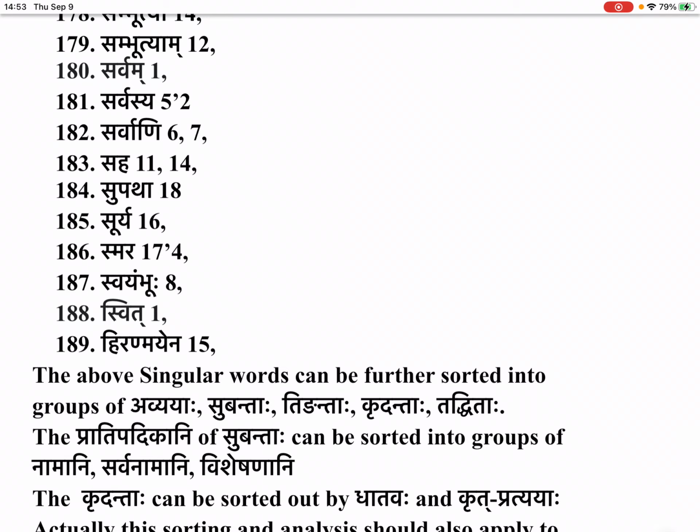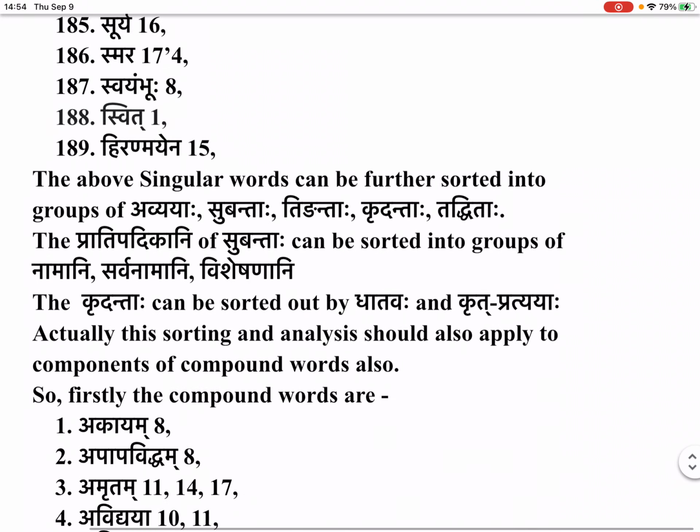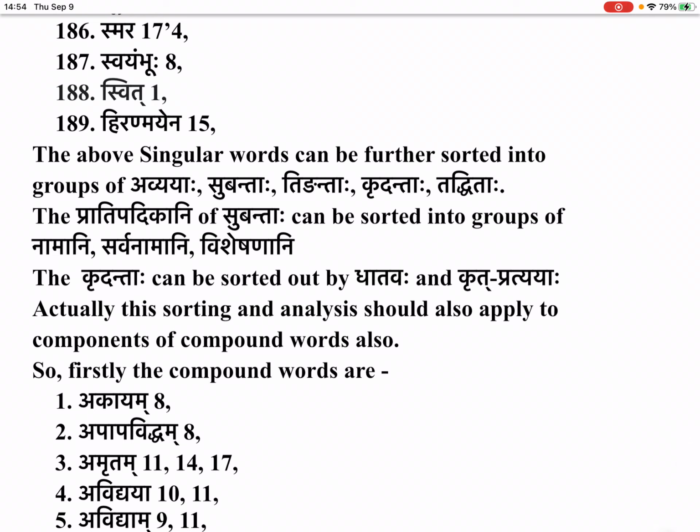The above singular words can be further sorted into groups of avyayaha, subantaha, tigantaha, krudantaha, tadhitaha. The pratipadikani of subantaha can be sorted out into groups of namani, sarvanamani, visheshanani. The krudantaha can be sorted out by dhatavaha and krut pratyaya. Actually, this sorting and analysis should also apply to components of compound words.